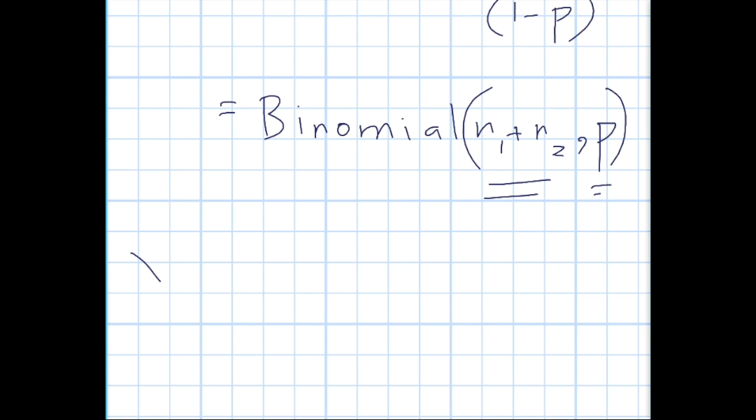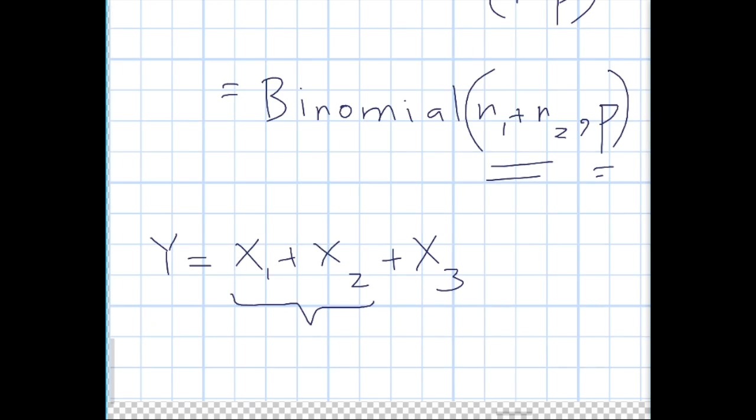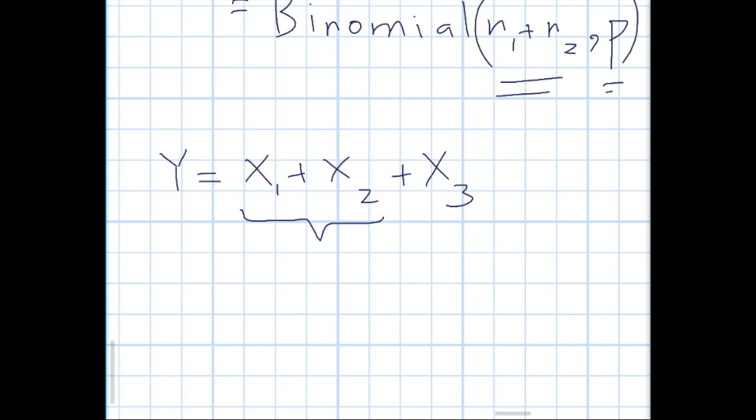What if we have Y is equal to X1 plus X2 plus X3? Since we know that this guy is a binomial with some parameters and this guy is also a binomial with some parameters, then this sum is also a binomial. So we can extend it to any number of random variables.